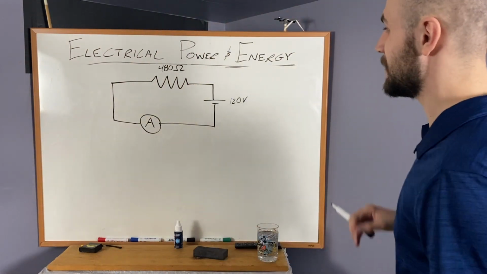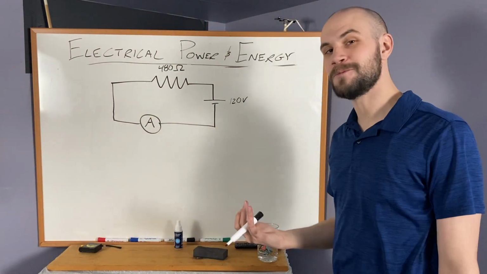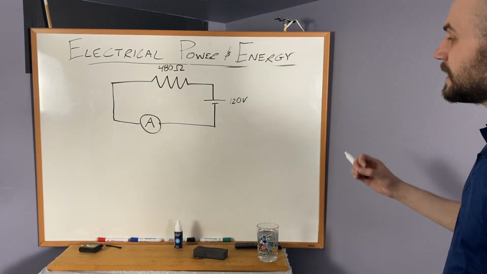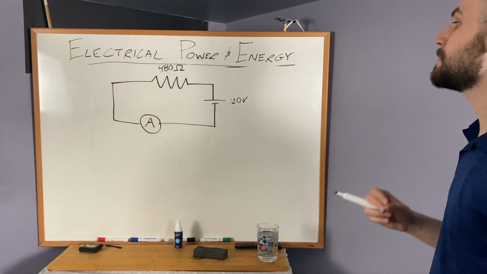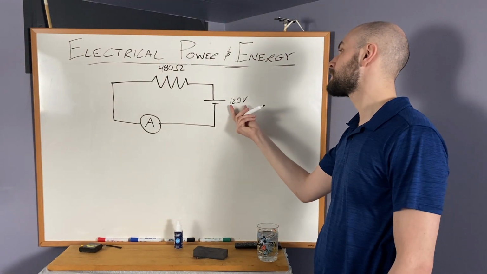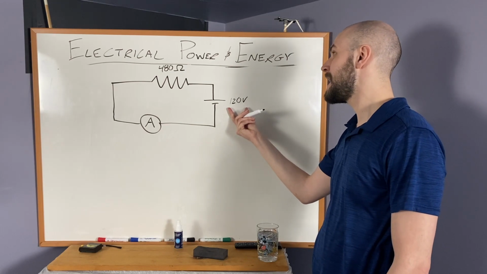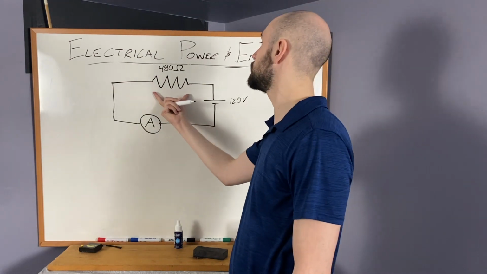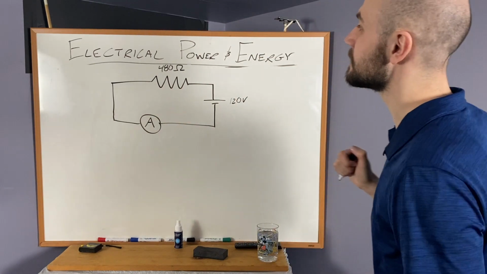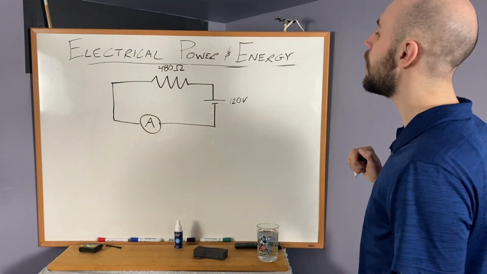Now, a few videos ago, if I just gave you this, you wouldn't understand what is being given here. But now we have enough information to analyze and understand what this circuit schematic is telling us. We have a 120 volt power source, and it's being delivered to this resistor. And that resistor has a resistance of 480 ohms.